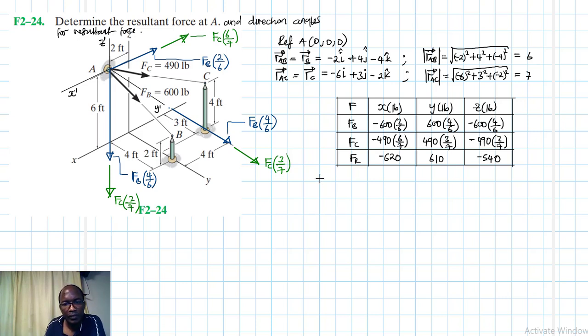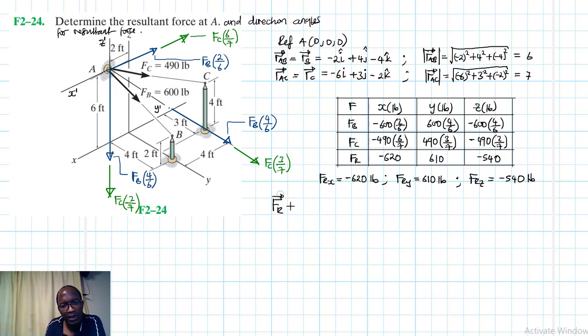Alright, so we have FRX equal to minus 620 pounds. We have FRY equal to 610 pounds, and we have FRZ equal to minus 540 pounds. So let's write this resultant as a vector.